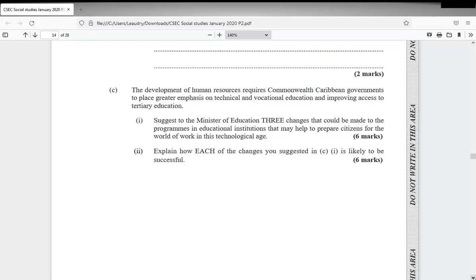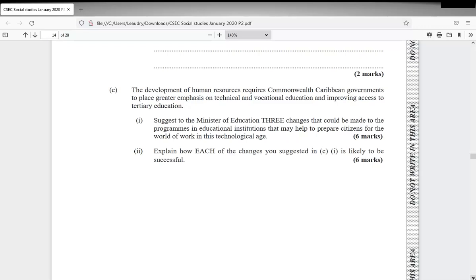So there are three changes that the government can make when it comes to schools and educational institutions. One, as we know, the colleges and universities place a lot of emphasis on more of a theory nature.